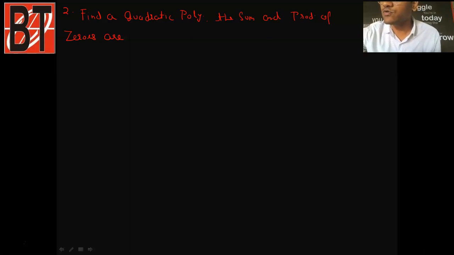The sum and product of zeros are root 2 and minus 3 by 2 respectively.